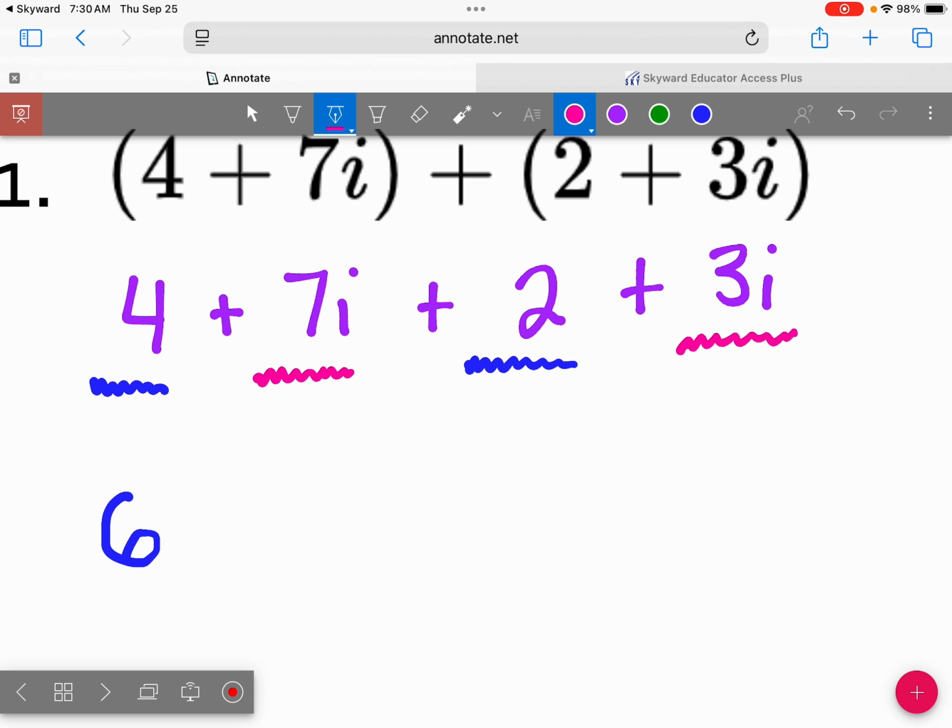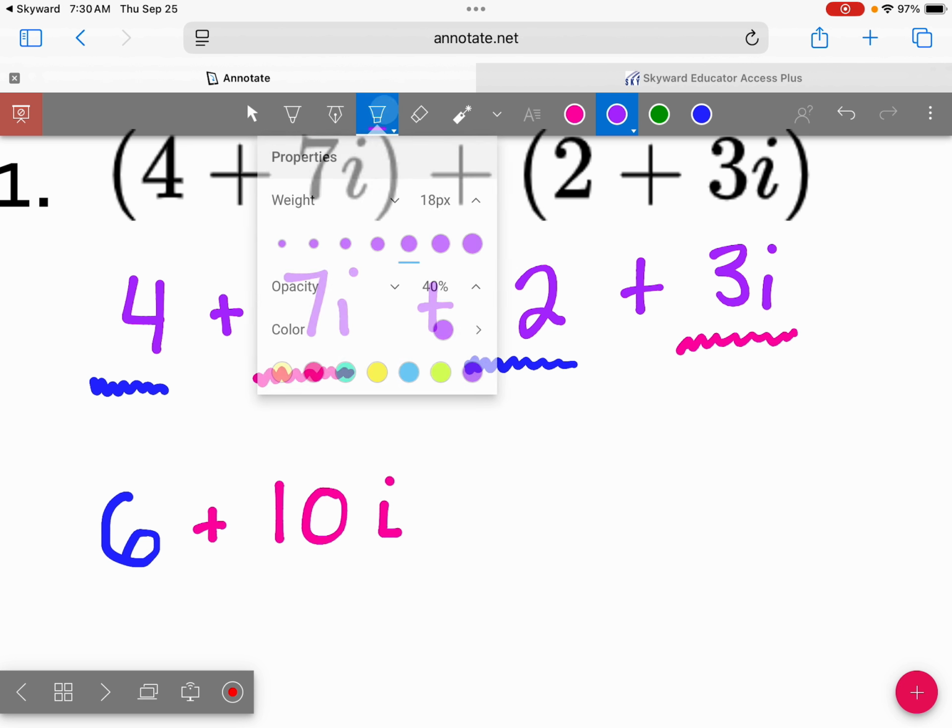What's 7i plus 3i? 10i. And just like the ones in the bell work, how we can't combine x and 2, like I can't put plus 3x plus 2 and have that be one thing, I can't add together 6 and 10i. They're separate pieces. They don't mean the same thing. So that's our answer.